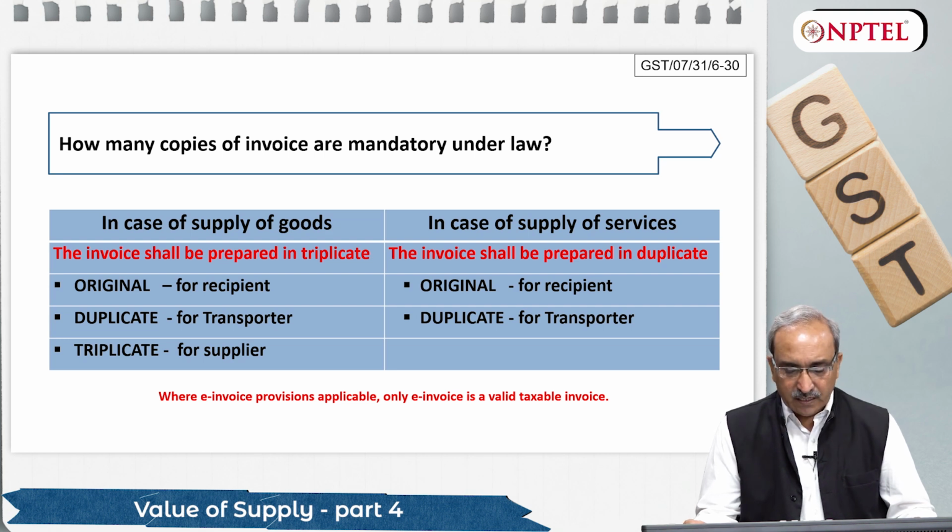So in a nutshell, in case of goods we need 3 copies of the invoice. Original will go to the buyer, duplicate will be carried by the driver, and the third copy will be kept in the record by the supplier.